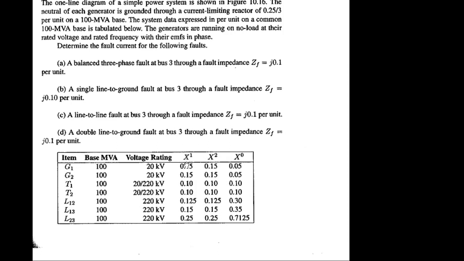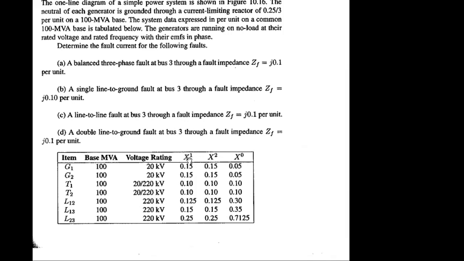From this information you can understand x1 and x2. You can check those in the table columns. They are the same, right? But you can get different information for the zero sequence reactance. Can you check there? They are different, right?